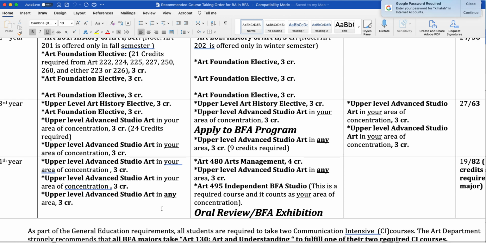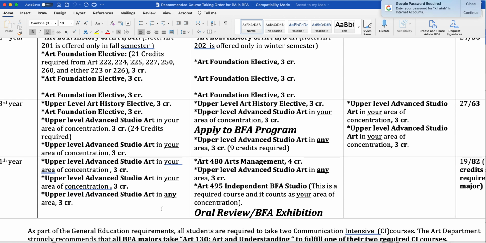So 24 means 8 courses must be in graphic design if you are a BFA in graphic design. That means 3 more you have to take. That could be photography or painting, drawing, or ceramics, or all 11 could be graphic design.